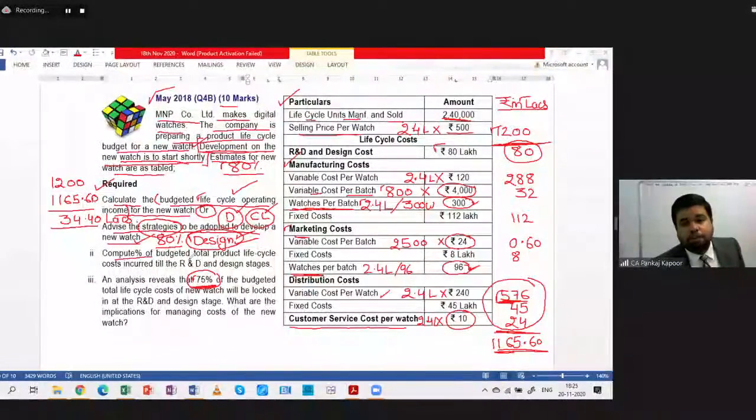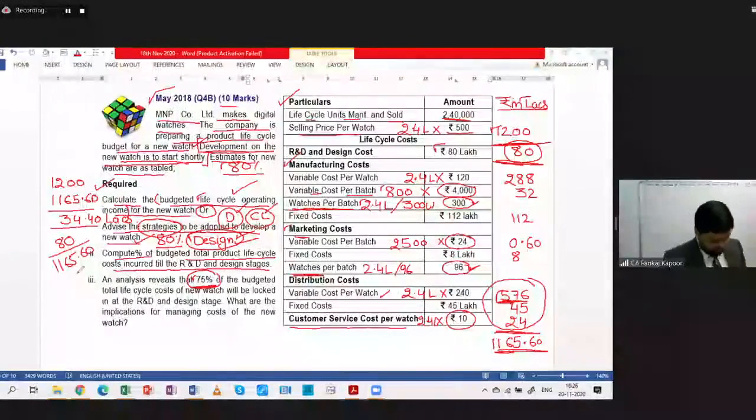Compute the budgeted total product lifecycle cost incurred till the R&D and design stage. And you can see here, R&D and design stage cost you only 80 lakh out of a total of 1165.60. So can anyone tell me what is the percentage? 80 divided by 1165.60, because we need to compute the percentage.